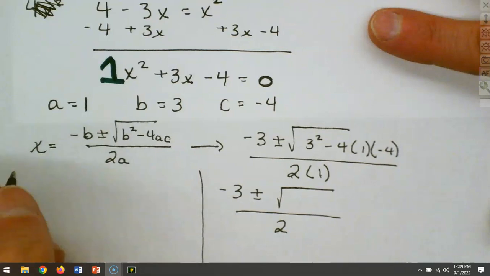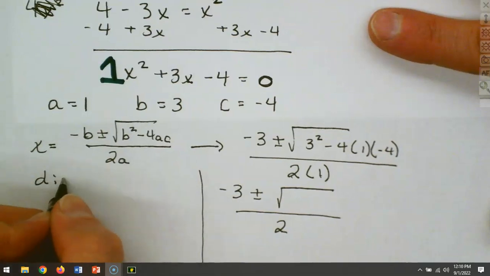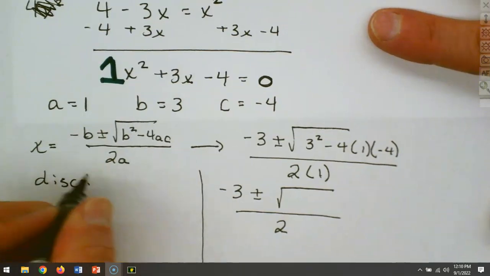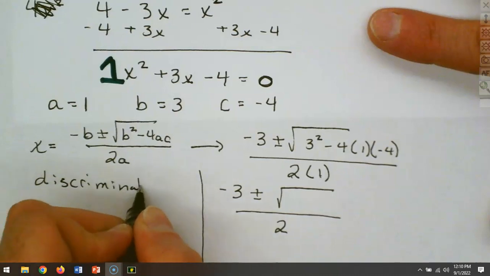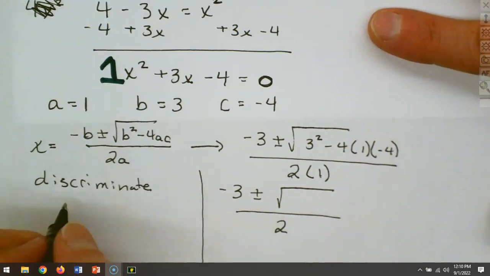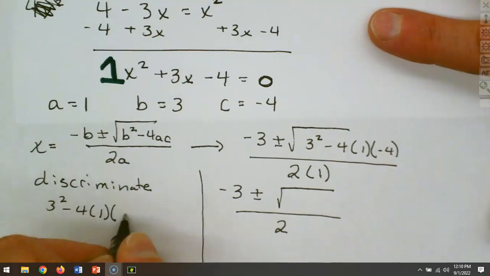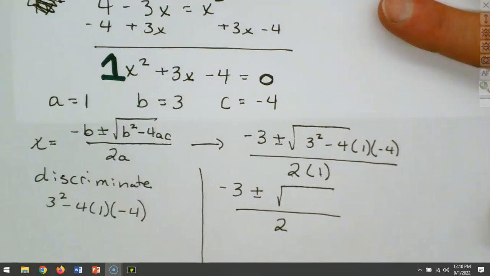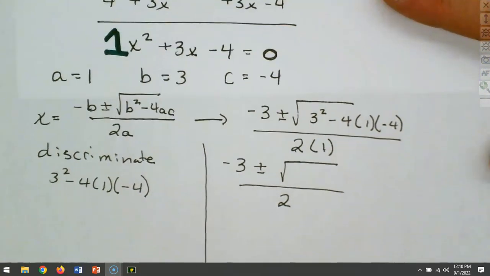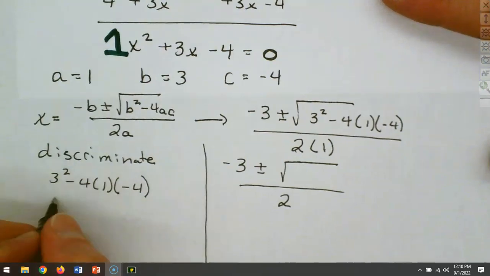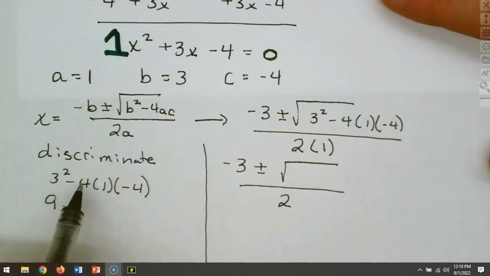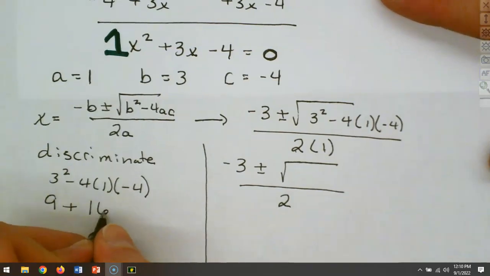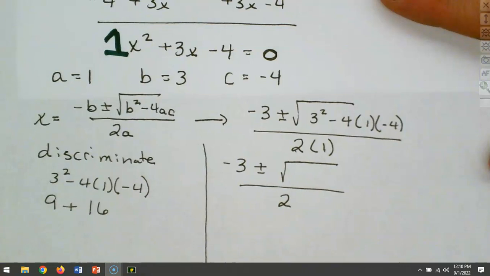On the left-hand side, we're going to find our discriminant. And that's 3 squared minus 4 times 1 times minus 4. Be very, very careful with the signs. 3 squared is 9. A double negative makes that a positive. 4 times 4, well, that is a what? 16.